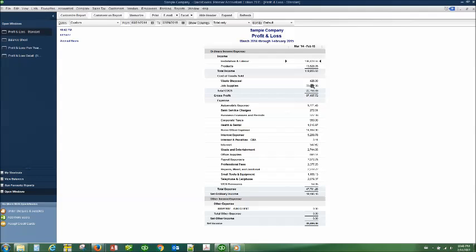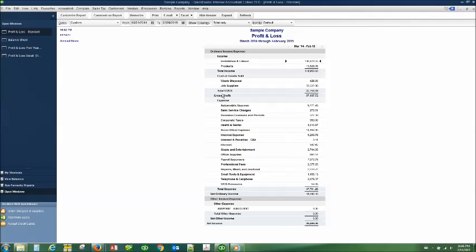So they had to go to hardware stores and they had to buy screws and nails or wood or something that was directly related to a particular job. And that's what the cost of goods sold is. It is a direct cost that you can directly put to a particular company.